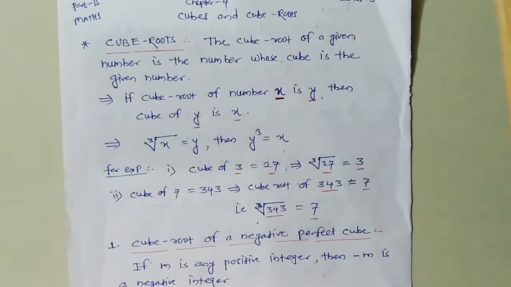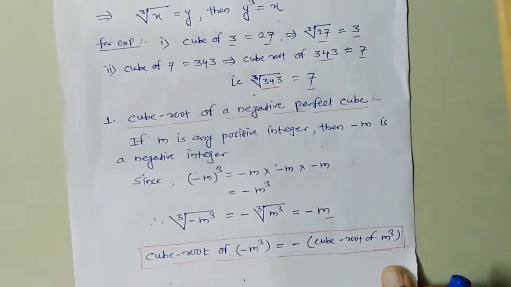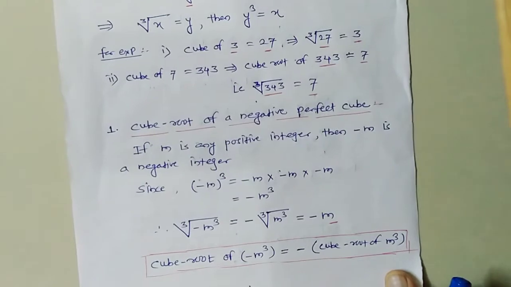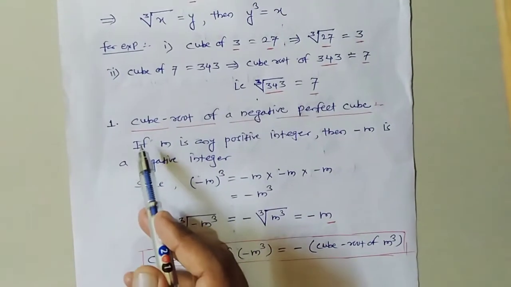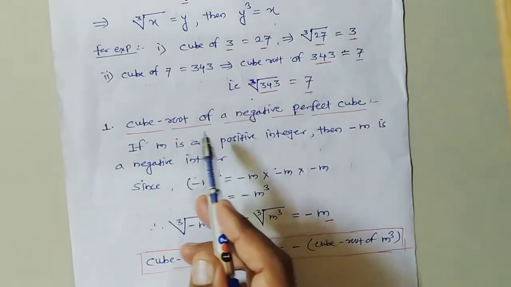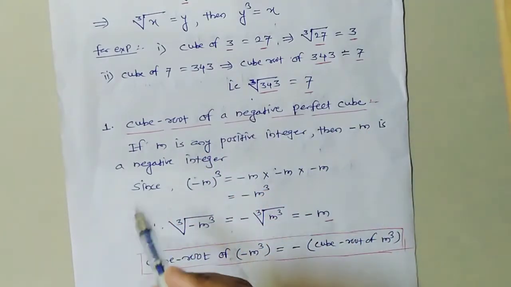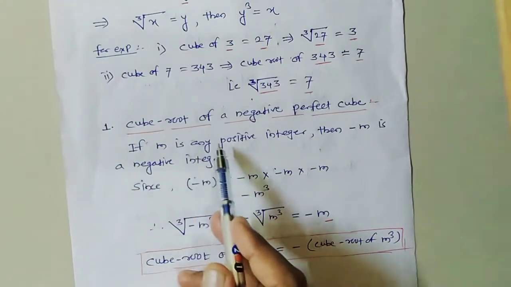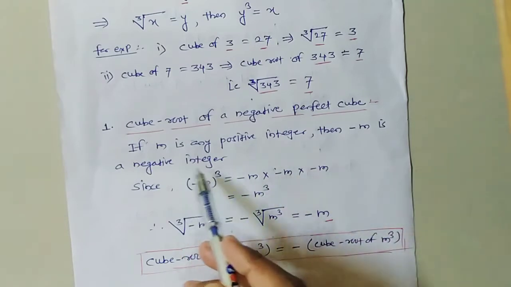Now we'll see the next point. Cube root of a negative perfect cube. If m is any positive integer, then minus m is a negative integer.